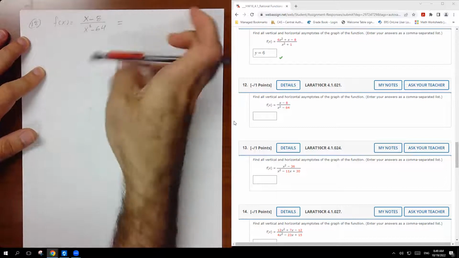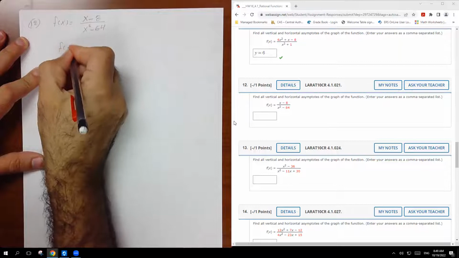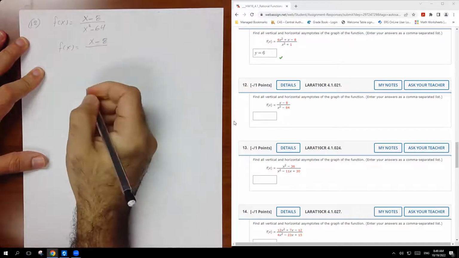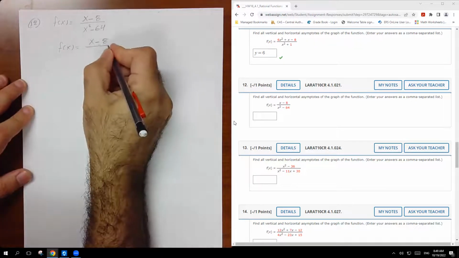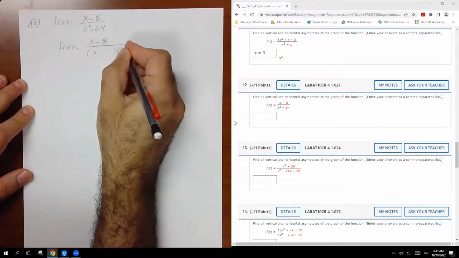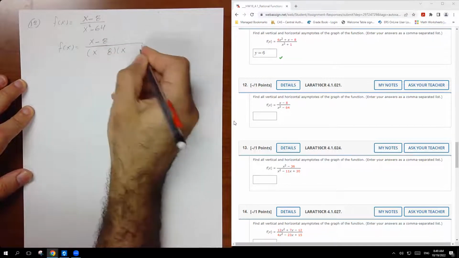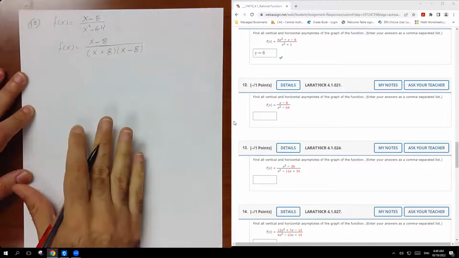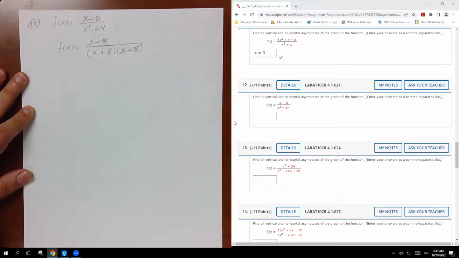So f of x on this example is equal to x minus 8 over, if you look at the bottom part, you can simplify it by using the difference between two squares, which is you're going to open two parentheses, x and the square root of 64, which is 8 times 8. You're going to put a plus and minus. Now, if you look here, everything here is similar to this one. So we're just going to cancel it.